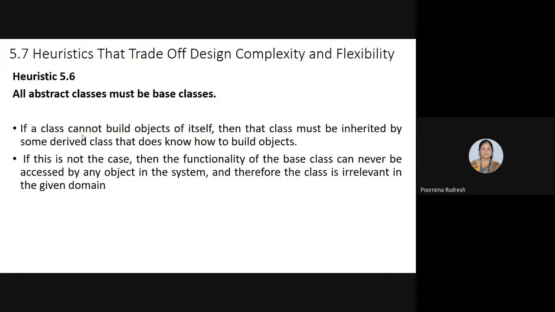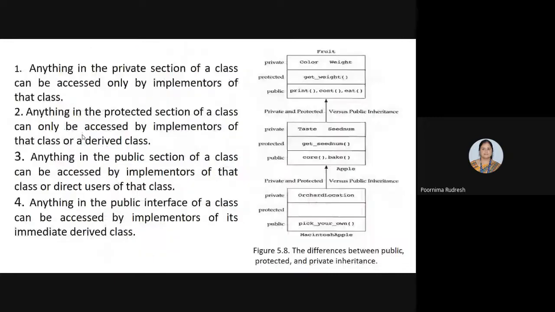Let us consider this example: we have the fruit class, apple class, and the Macintosh class. If the Macintosh apple class cannot build the objects for itself, then we say that this class is inherited from some derived class, where this derived class doesn't know how to build the objects. Now, is that heuristic clear?